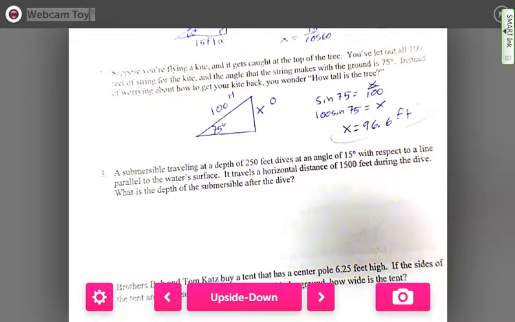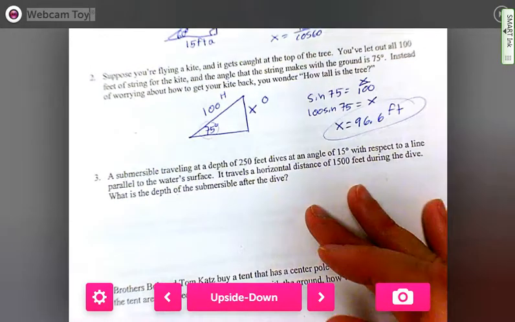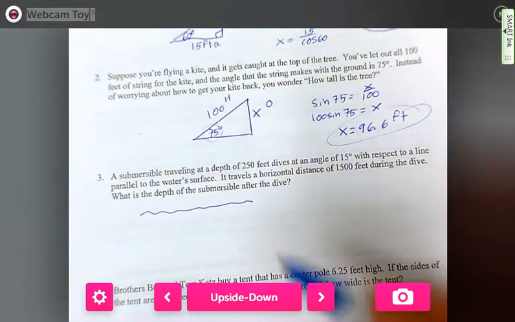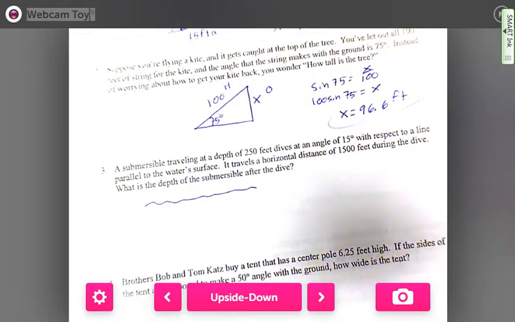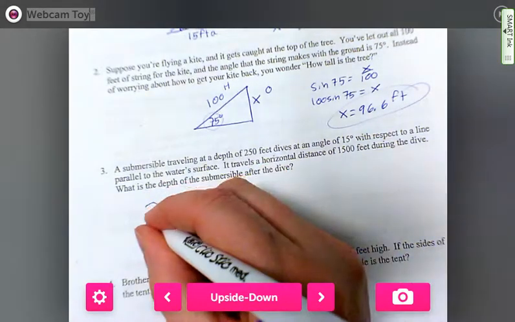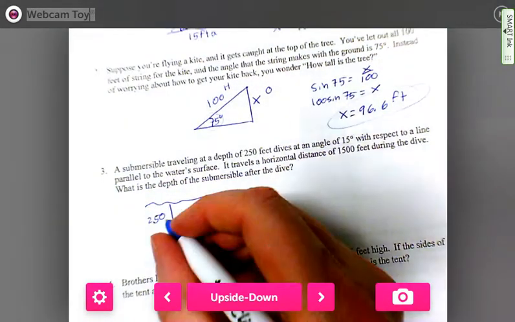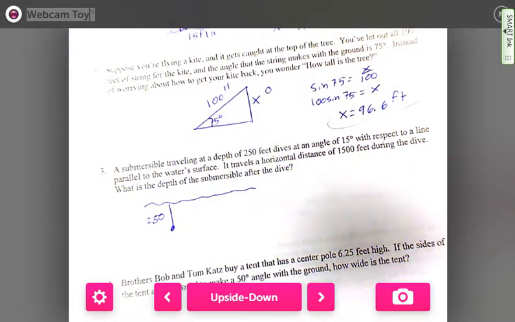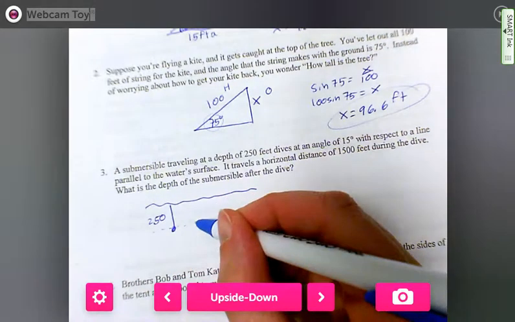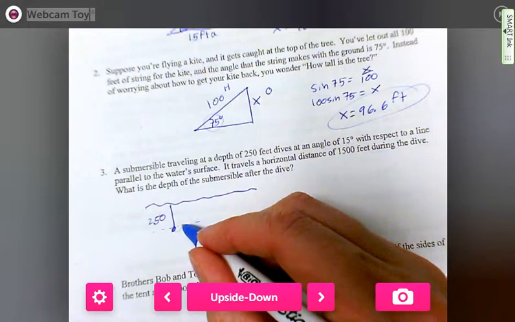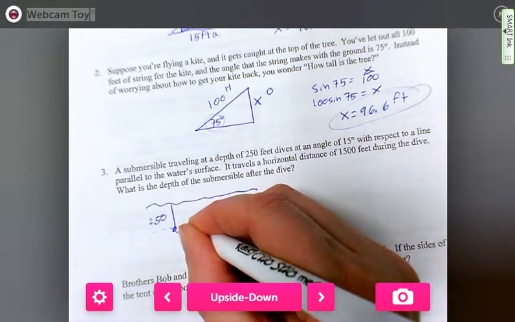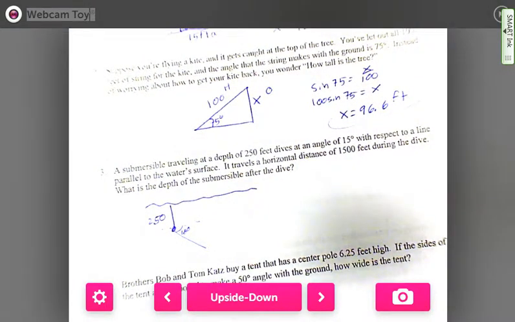All right. First of all, we're already underwater, right? So let's say here's the surface of the water. We're already 250 feet under in our little submarine. And then we want to dive, okay, 15 degrees. So we want here and here to be 15 degrees with respect to the horizontal.